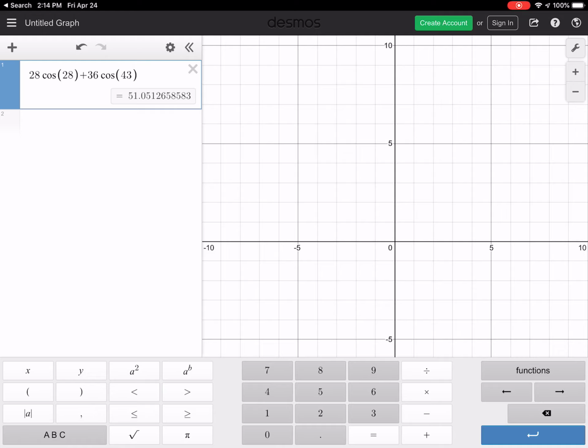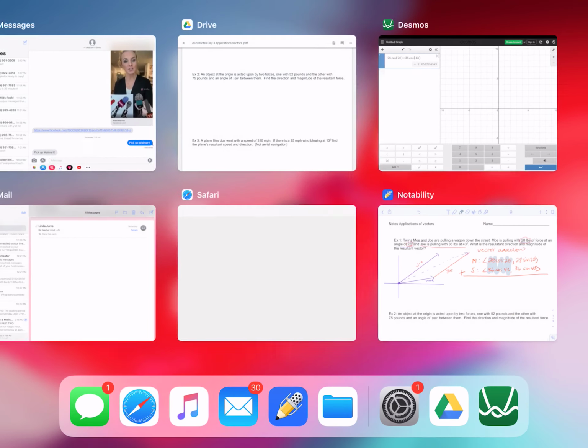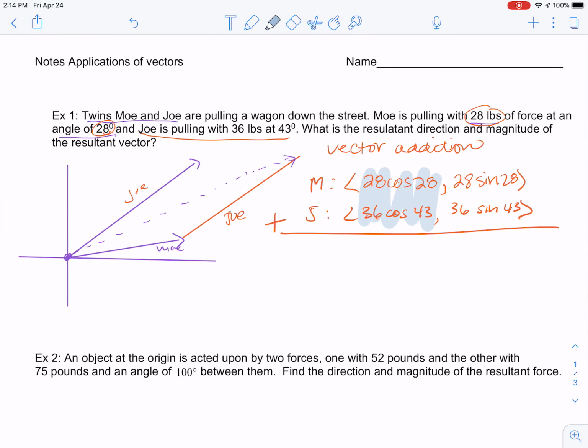X's always have the cosine. So 28 was the pounds and 28 was also the direction. 36 was the magnitude or pounds and 43 was the direction. So I've got 51.051. So I go back here and this becomes 51.051.